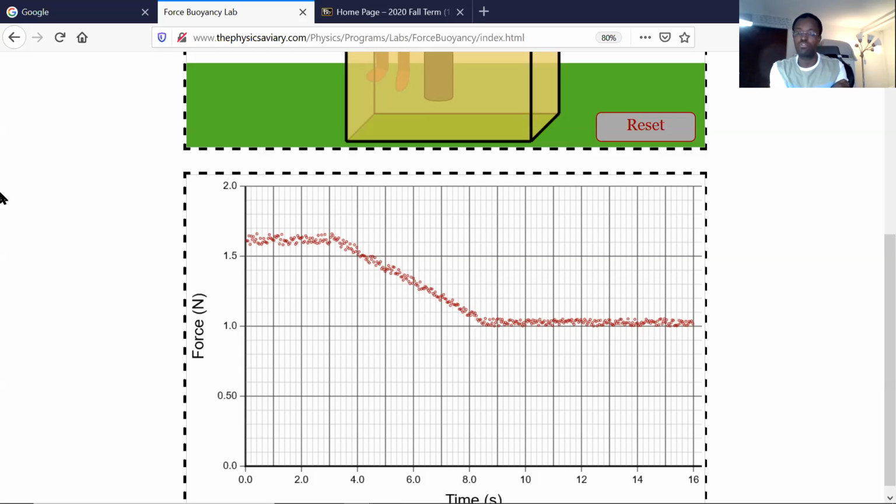As time goes by, it goes down until at second 16, you get an apparent weight of 1 Newton. That's correct. And what is the buoyant force at that time, second 16, here on the moon?